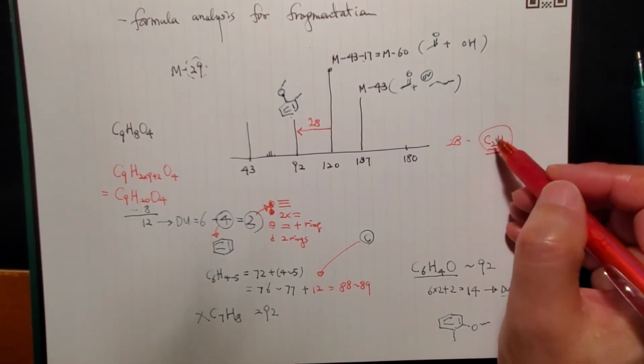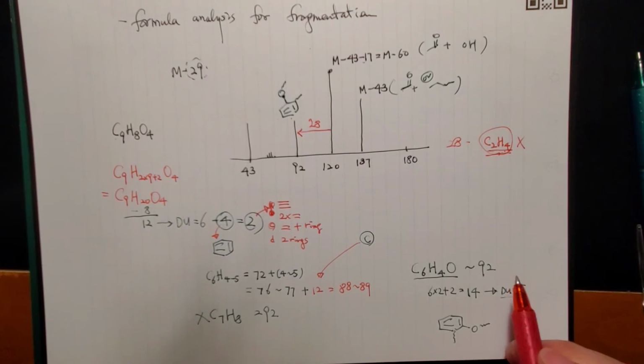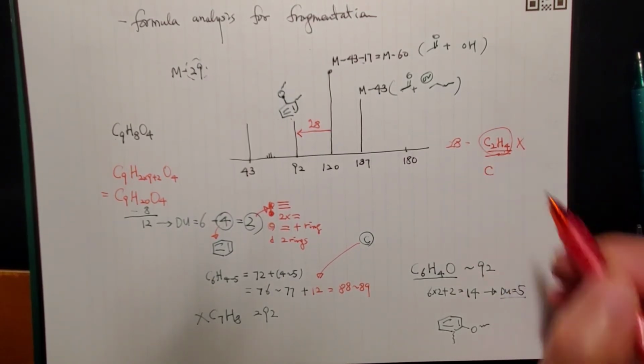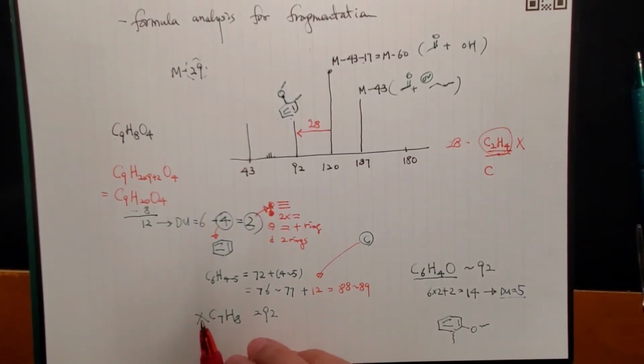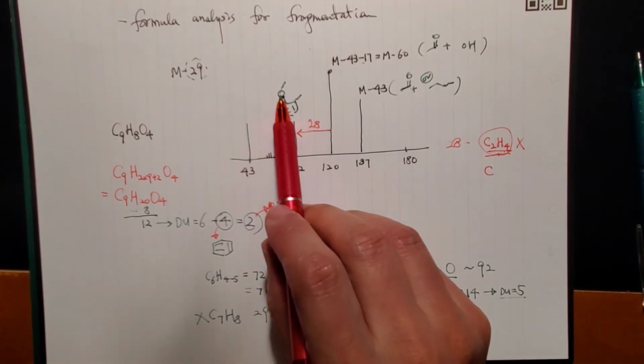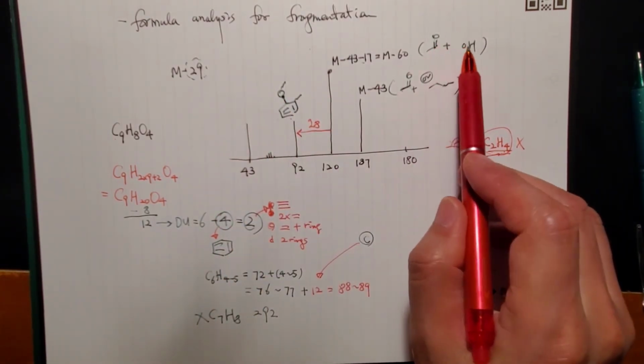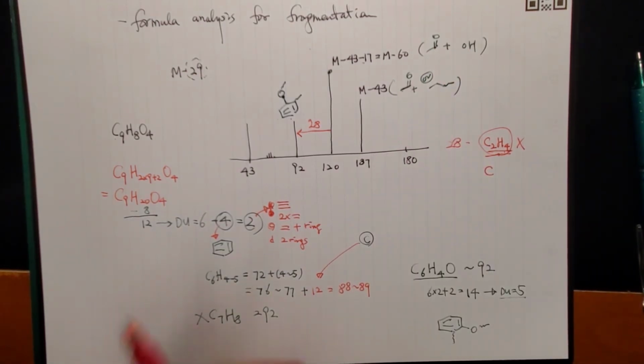We cannot use 2, so not a valid idea. So 1 carbon. Then how many oxygens have we used? We used 1, 2, and 3. So we need to use 1 more oxygen to make up this.